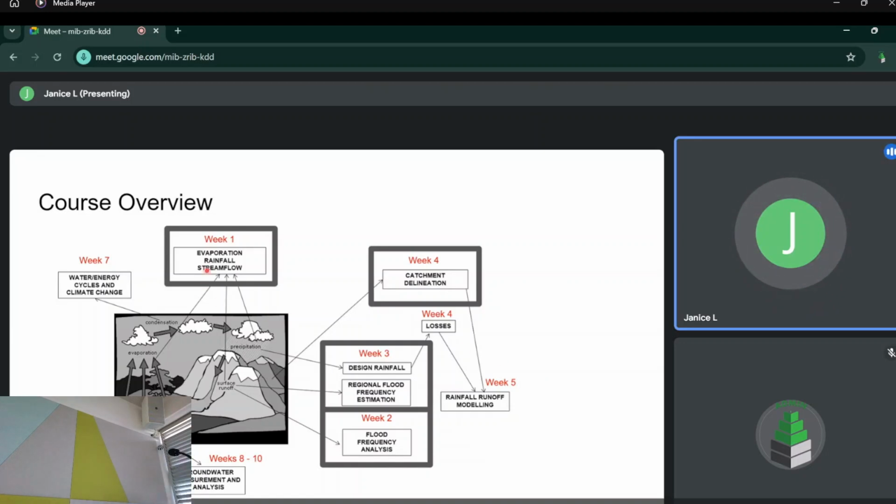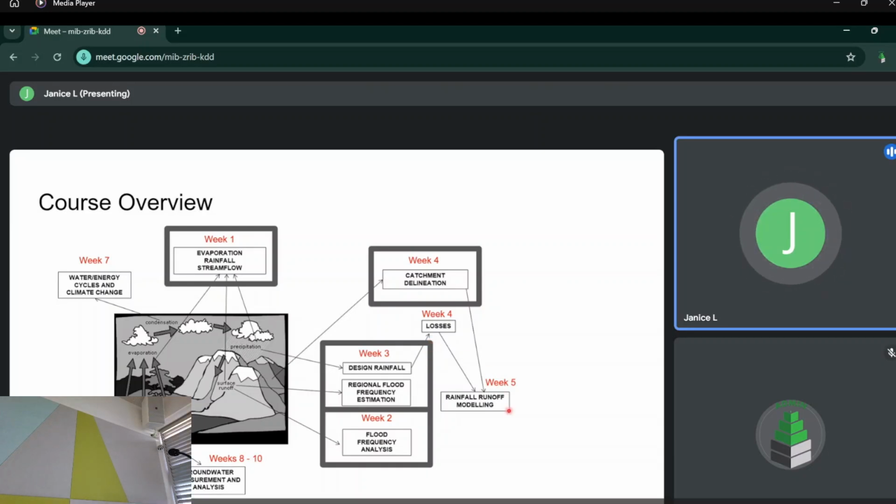So week one of water resources, we'll be covering evaporation, rainfall, stream flow. I'll go through a few of these topics. Week two, flood frequency analysis. Week three, we've got design rainfall as well as the regional flood frequency estimation. Week four, we're only going to be covering lightly on the first half of it, which is catchment and delineation.